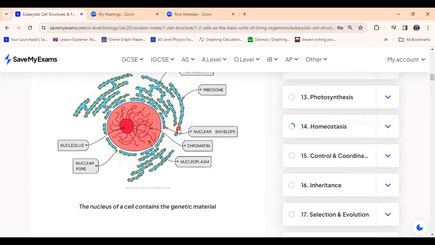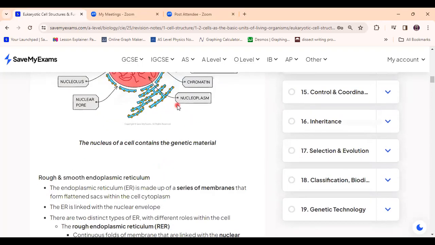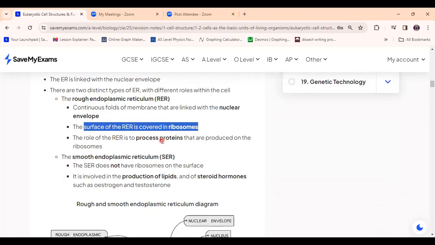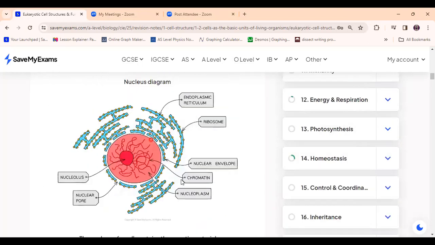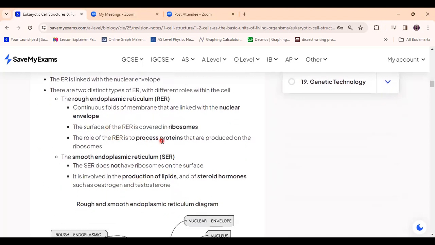As you can see here, on this endoplasmic reticulum there are little yellow dots, and these are ribosomes. Under the microscope, it looks rough and packed, and it is from here that the word is derived. This is why we call it the rough endoplasmic reticulum.